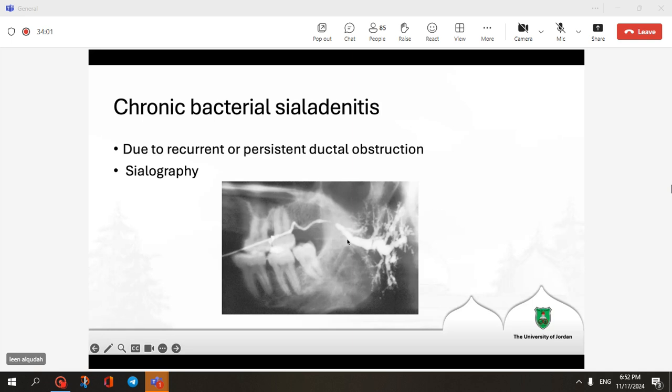Can you see the mouse or not? Yes, it's visible. Sausaging is basically, as you can see here, a stricture here and a dilation here. It is the appearance on sialography because chronic sialadenitis is taking place. The salivary gland tried to heal the infection by dilation, but it failed because there is a persistent infection.